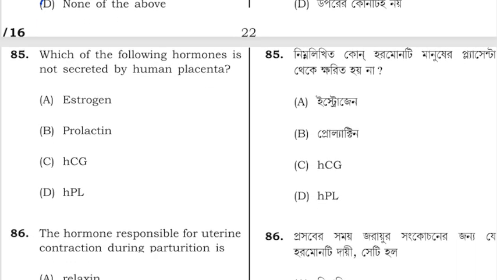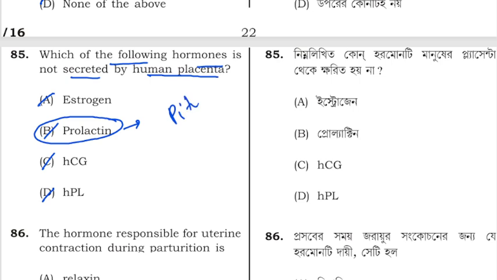Next question is, which of the following hormones is not secreted by human placenta? Option A is estrogen, prolactin, HCG, HPL. So prolactin is released by pituitary gland, not from the human placenta. So option B is correct.